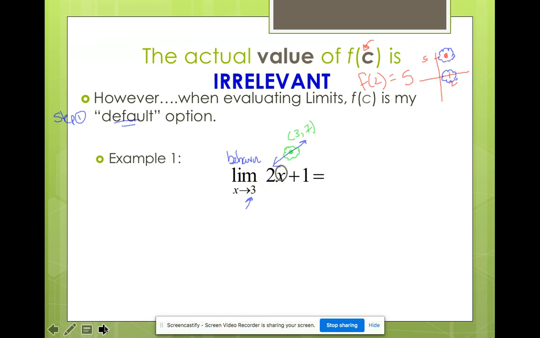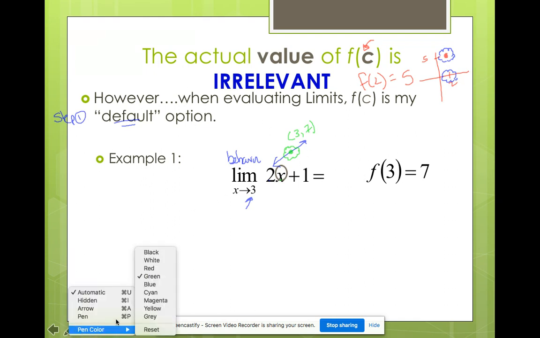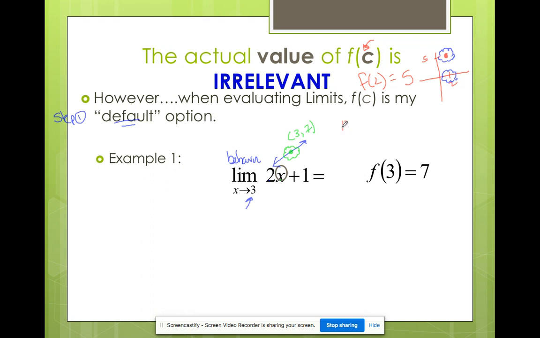If your function is a well-known, well-behaving, continuous function, then even though I said the actual value is irrelevant, if your function is continuous, then the limit is equal to the plug and chug, right?